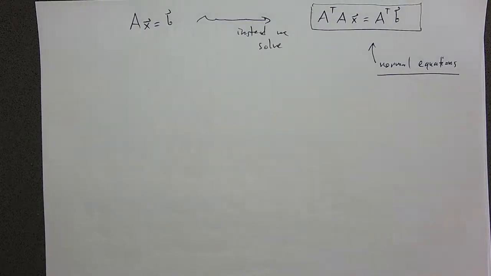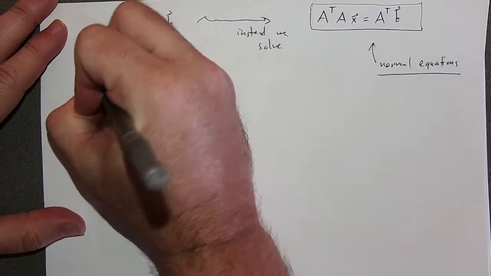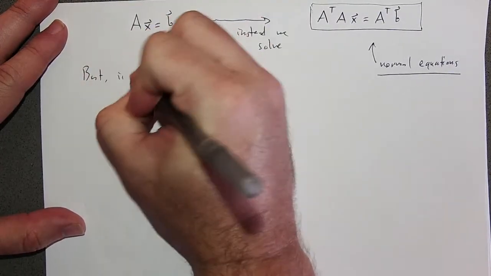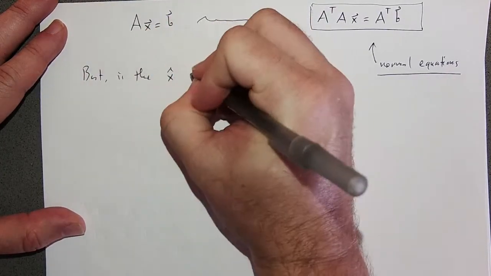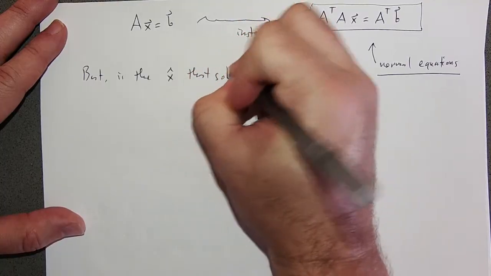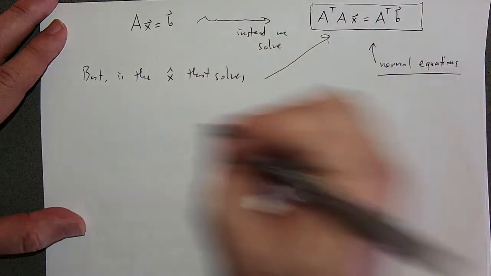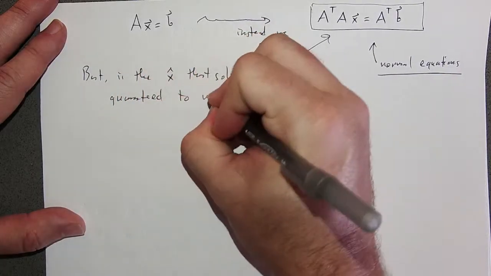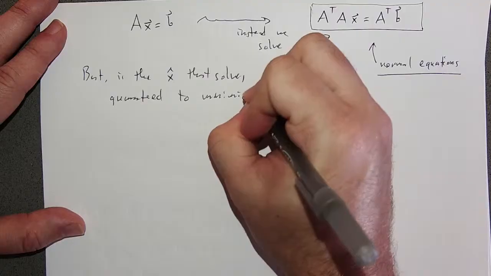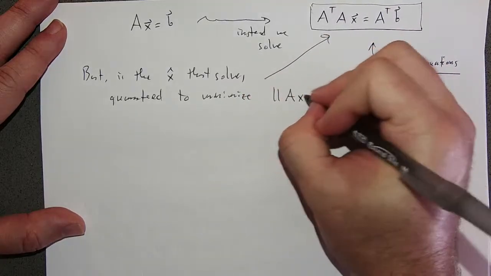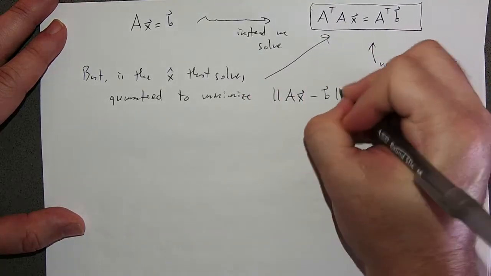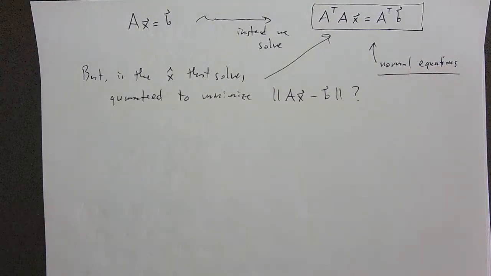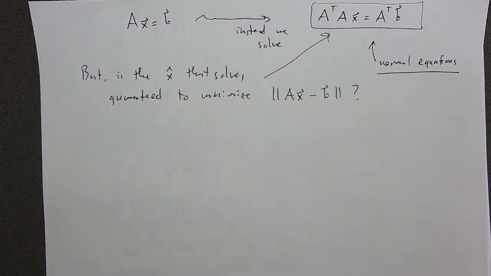But we still have one thing to know, right? Or one thing to figure out. But is the x hat that solves the normal equations guaranteed to minimize this quantity, the length of Ax minus b? So that's the thing that we have to check. Okay.